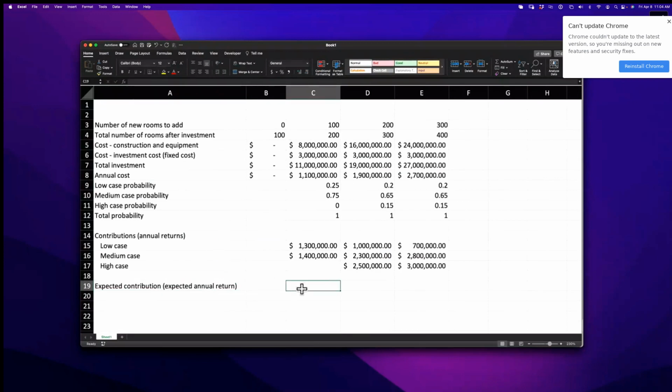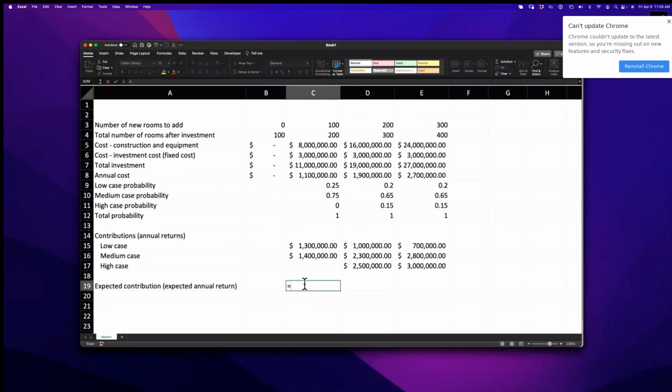Okay, so what happens is we've got a 0.25 chance we'll have that return if you go 100, plus you'll also get a 0.75 chance times that, plus that one times that. So we can actually use the sum product function here. Hang on, we want that times that plus, yeah, so it's a sum product.